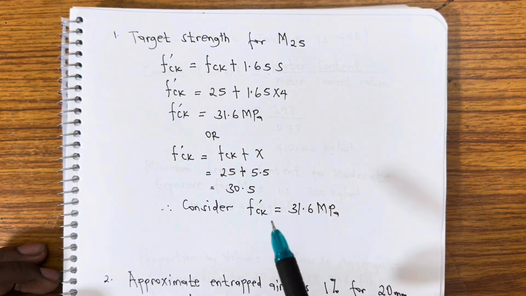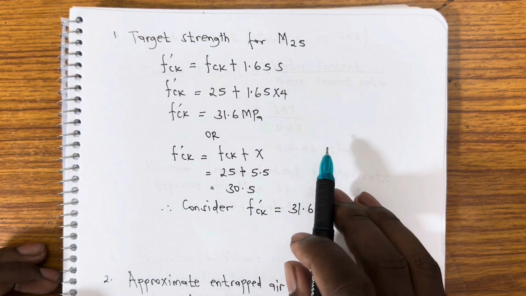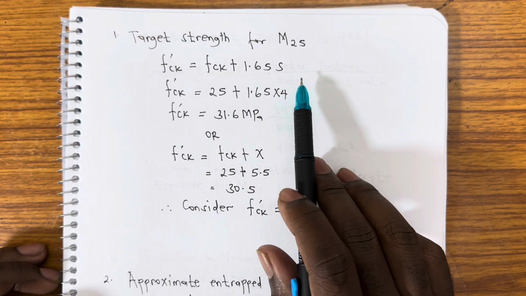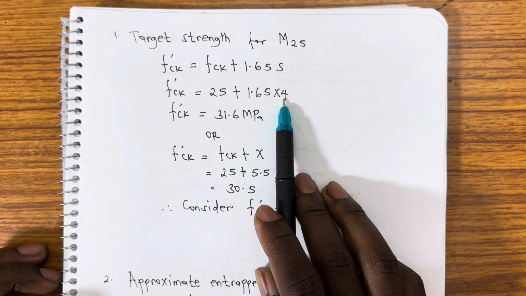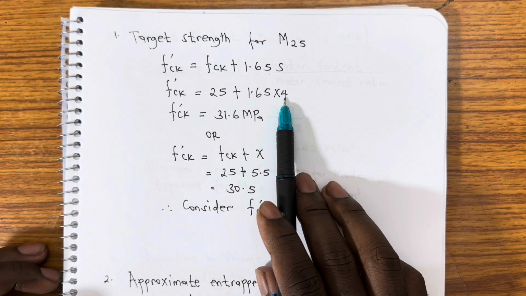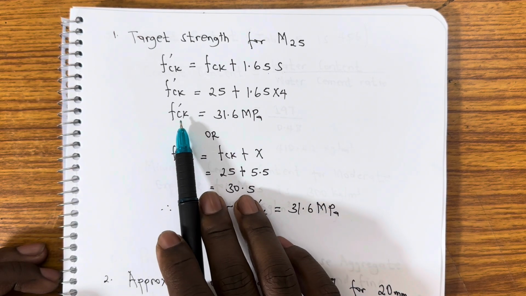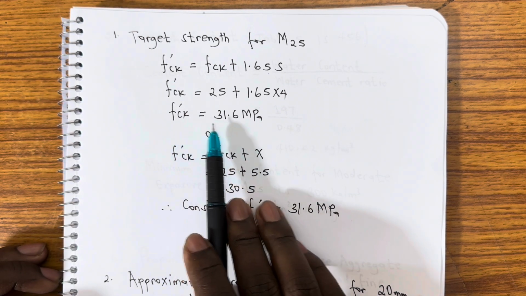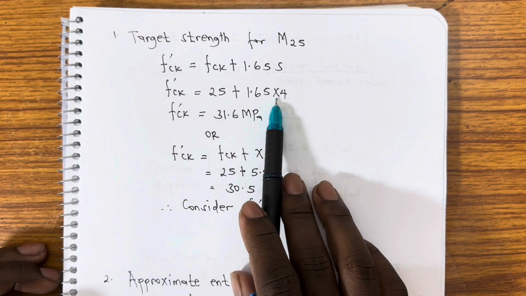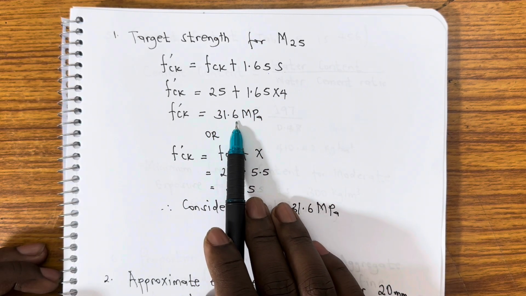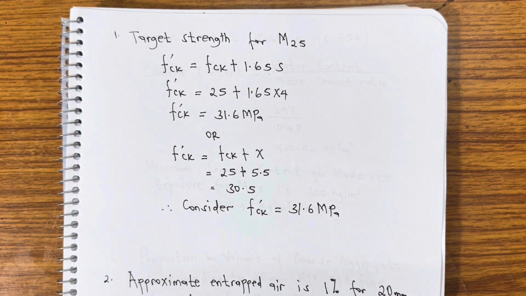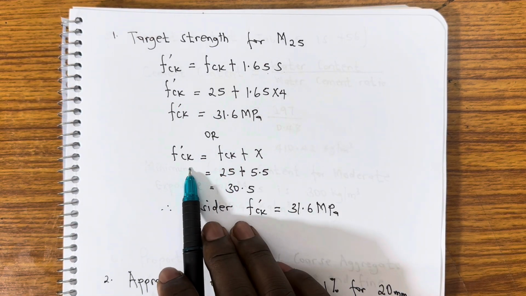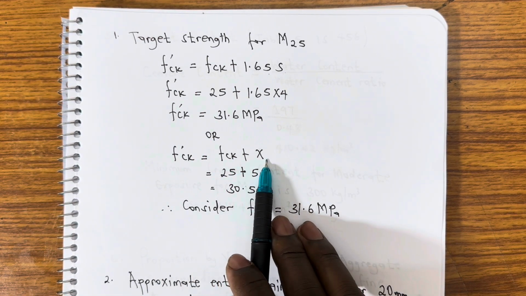According to IS 10262, the standard deviation for M25 and M20, both of them, is the same, and it is 4. So please check that table, and then you're going to get 25 plus 1.65 times 4, which comes to 31.6 in MPa.